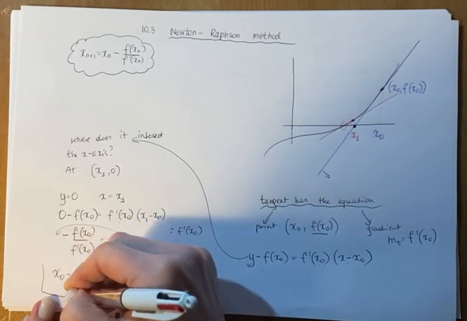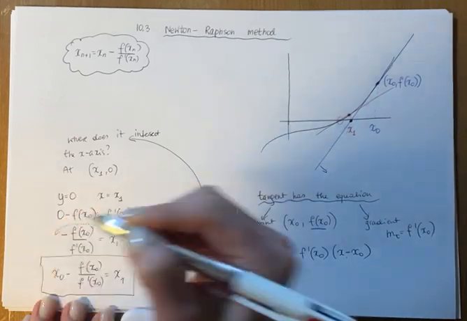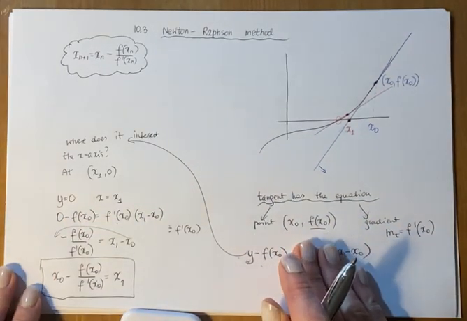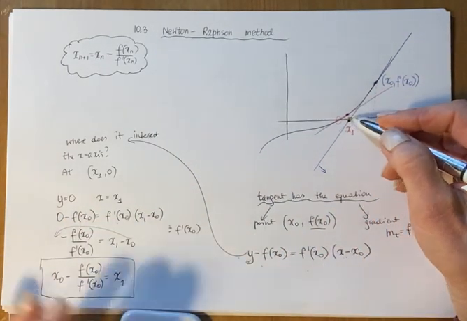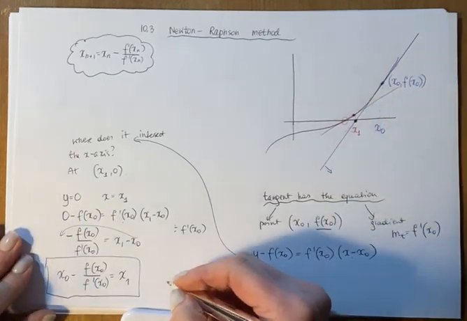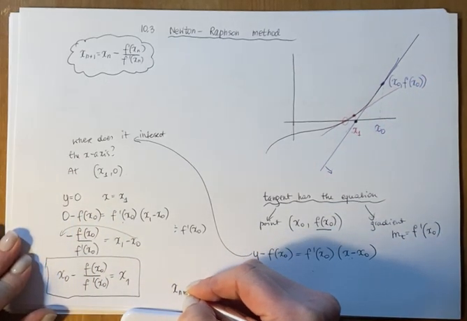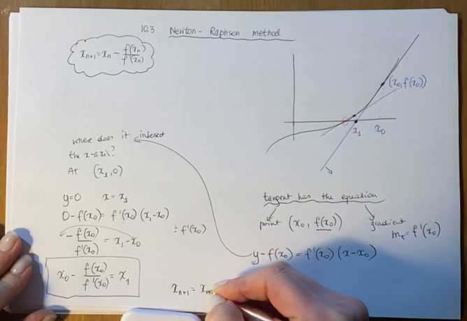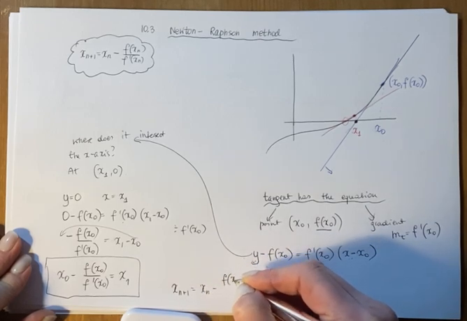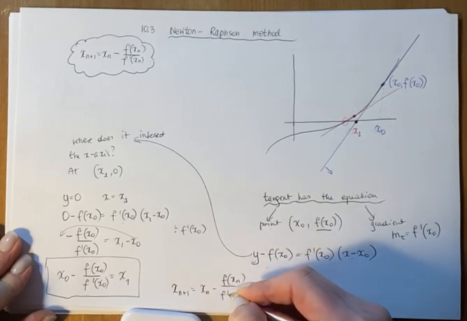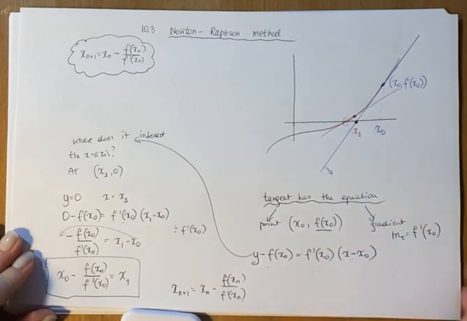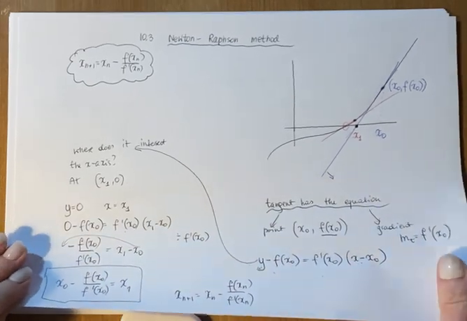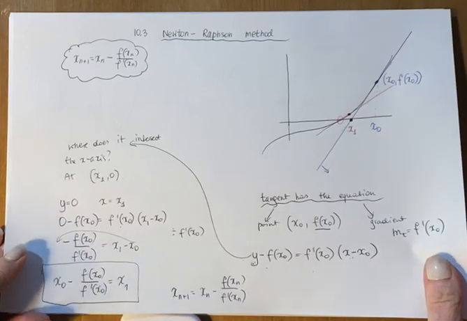And you do obtain the first iterative formula for that particular instance. But if you had in general, then you would have xn plus 1 equals xn minus f of xn over f dash of xn. There you go. So that's a nice formula. It's really, really powerful.